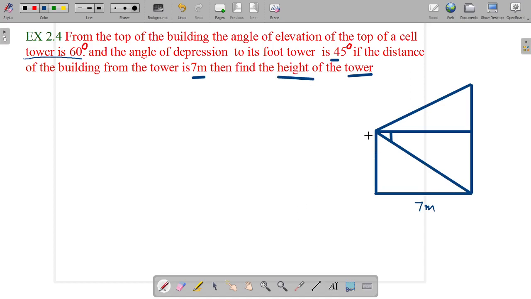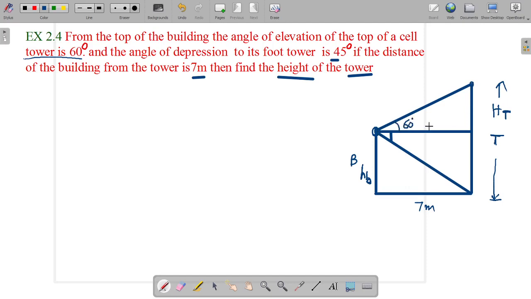First of all, this is the building and this is the tower. The height of the building is HB. The height of the tower is HT. A person is seeing from the top of the building to the cell tower, the angle of elevation is 60 degrees.